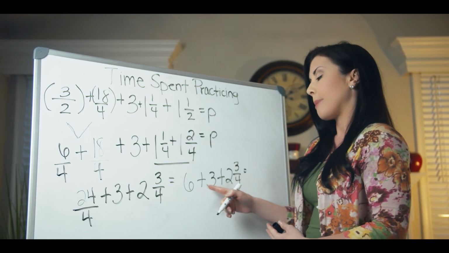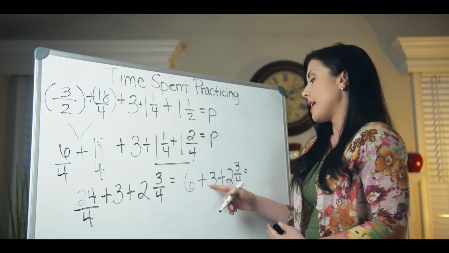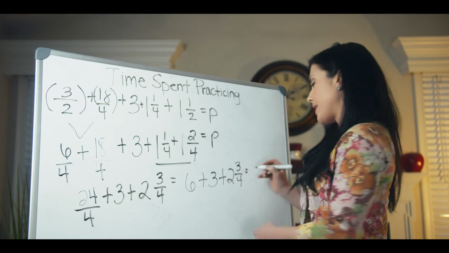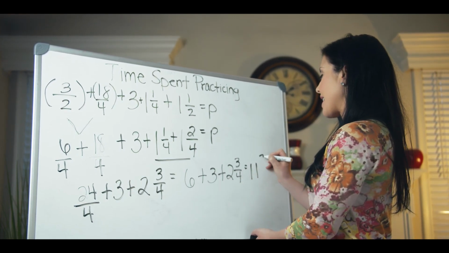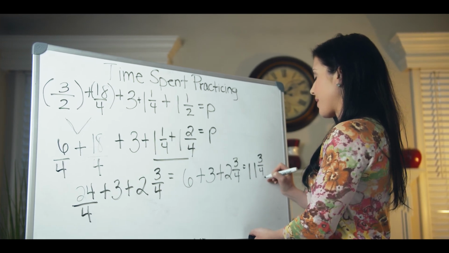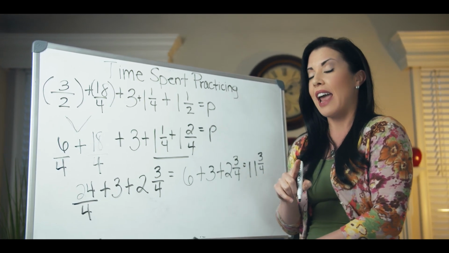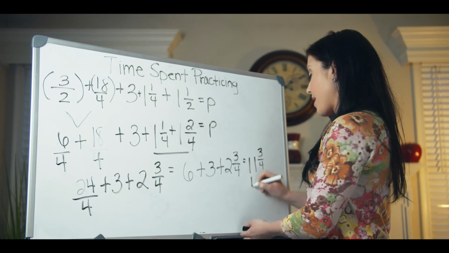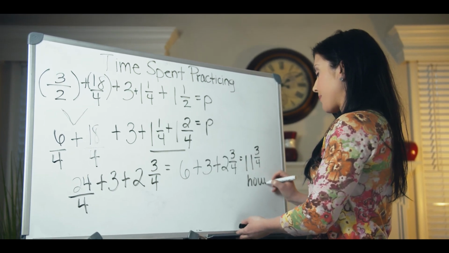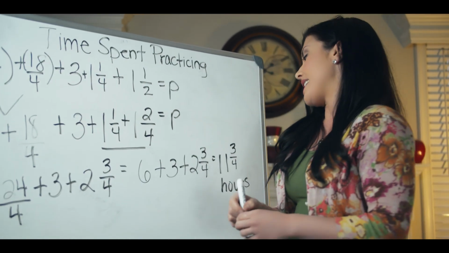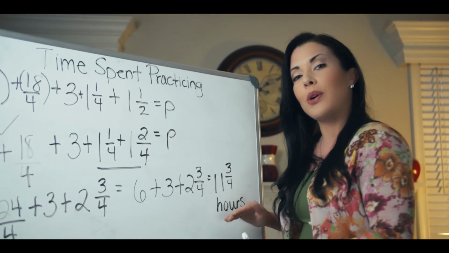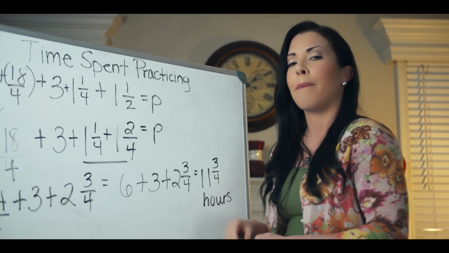So 6 plus 3 is 9. 9 plus 2 is 11. And tack on my 3/4. Remember to label, right? Remember we were working with hours. Okay, so the answer to this problem is 11 3/4 hours.